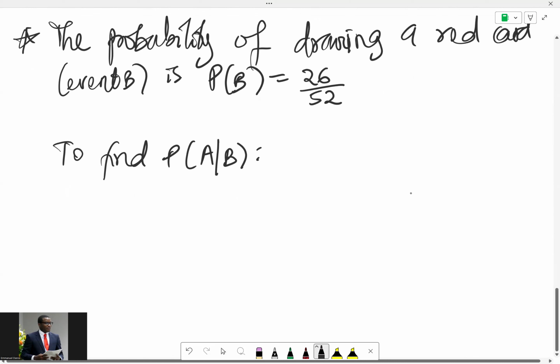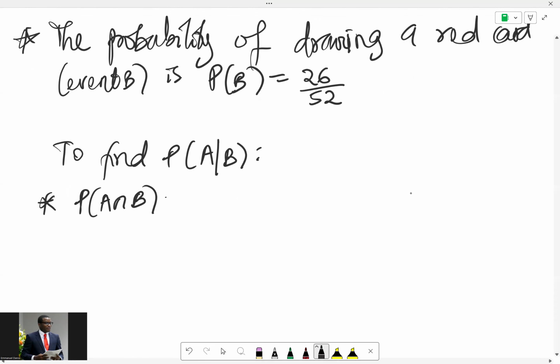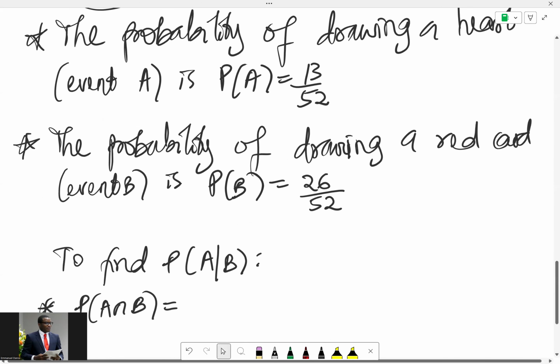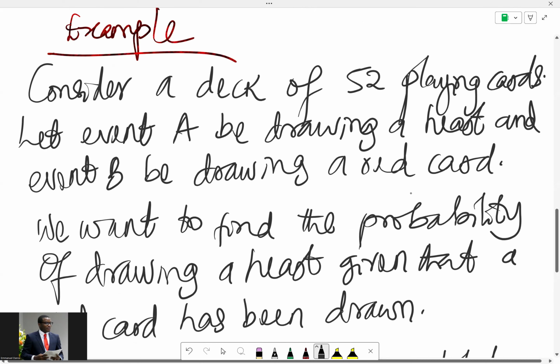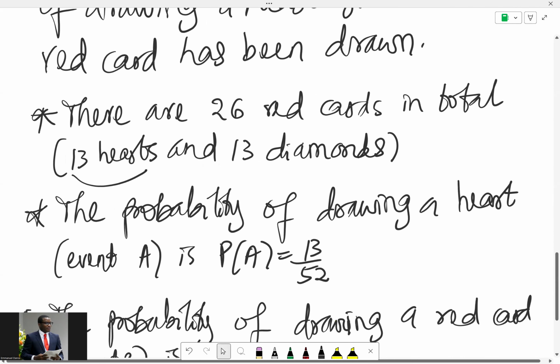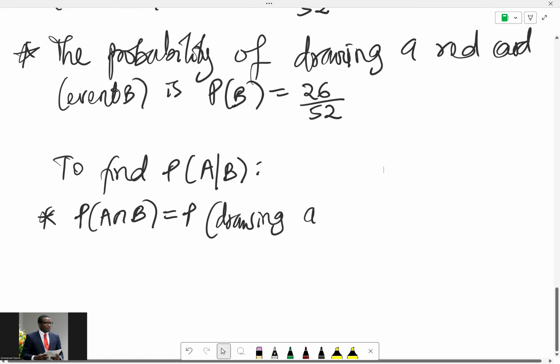So we need the probability of A intersection B. That is a heart and a red card together, so that's the probability of drawing a heart, which is also red.